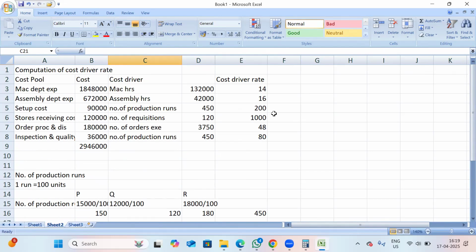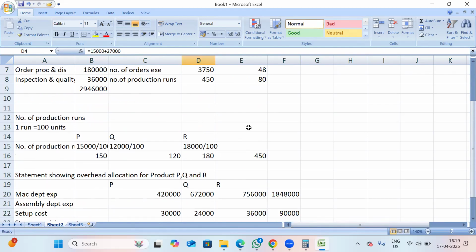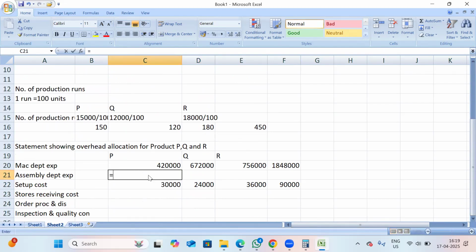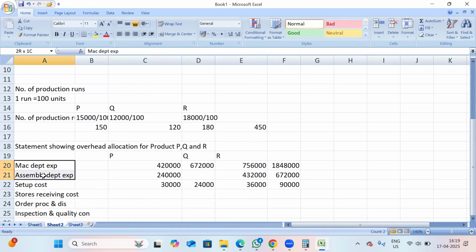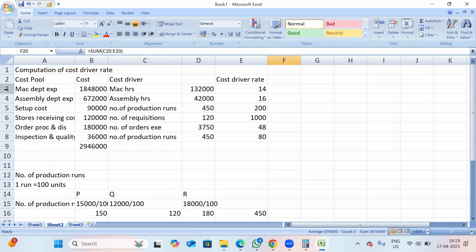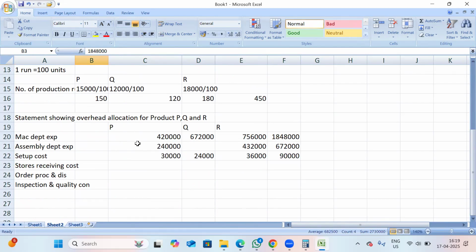We have calculated 16 rupees, so 16 into 15,000 and 16 into 27,000. Just take note of this: this total should match with this one.